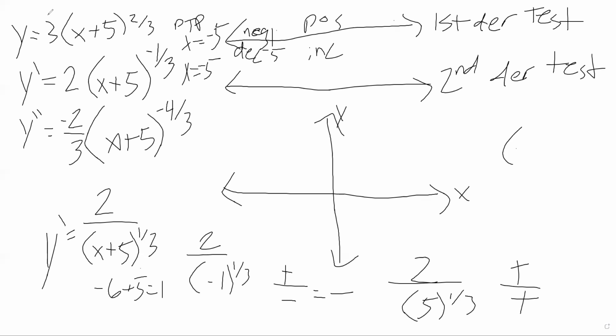So I'll list it right here, -5, and then when x equals -5, it's going to be 0. Okay, I'll list it there for now. We'll see in a minute that it's not going to work out. Just keep that in the back of your head. Normally, that would be a turning point. All signs point to it being a turning point, but we'll look at it just in a second.